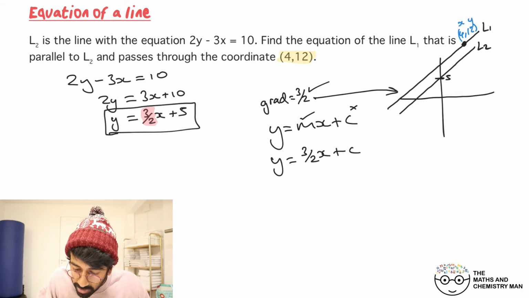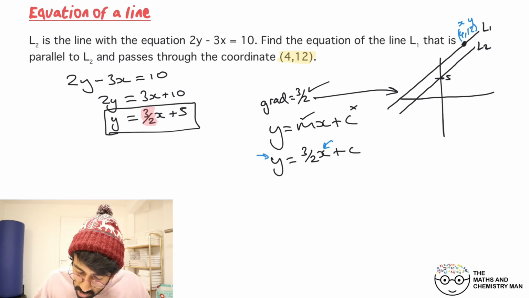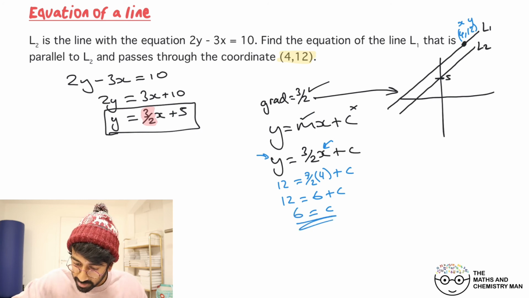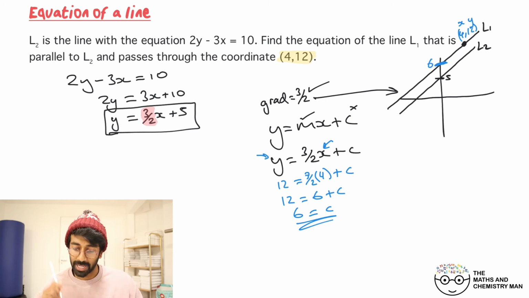We can plug it into our equation. So we get 12 is equal to 3 over 2 times 4 plus c. Simplifying, 12 is equal to 6 plus c, and therefore c is equal to 6. So this line is travelling through 6 on the y-axis.